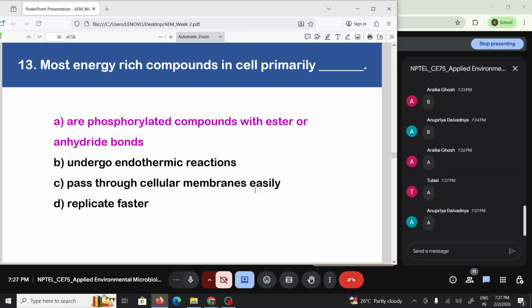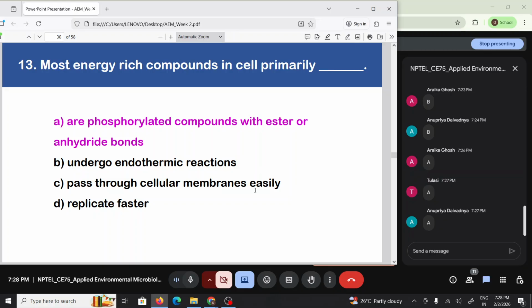When we go to the other options, mostly energy rich compounds are broken down for energy release. So they undergo exothermic reactions and not endothermic. They don't need any energy to be broken down. And they are also usually larger in size. Like when we talk about adenosine triphosphate, it is the adenosine group with three phosphate groups attached.